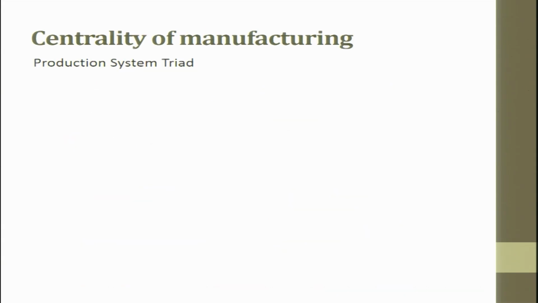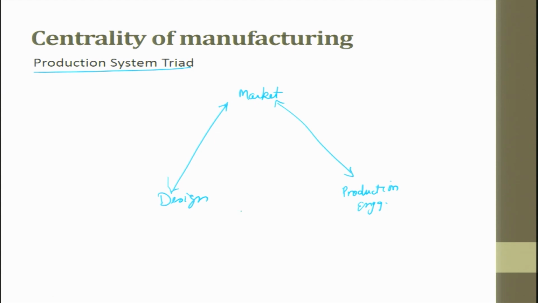So, what is a production system trait? It is nothing but market, then design and production engineering. So, it is a connection between market, production engineering and design.